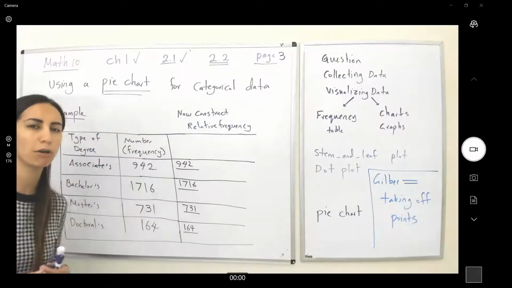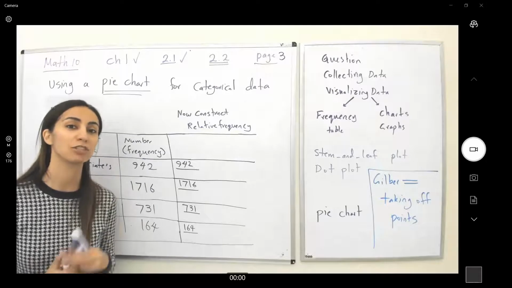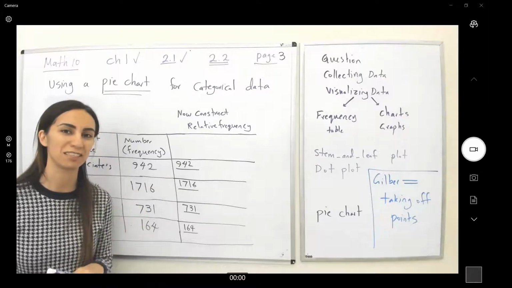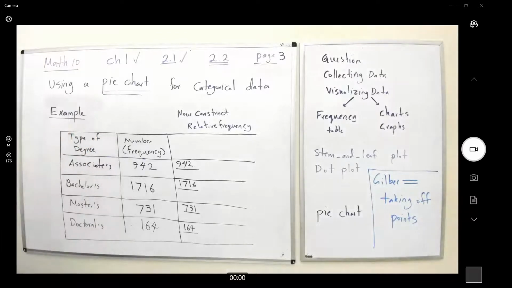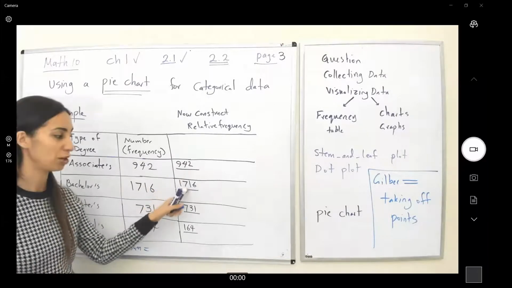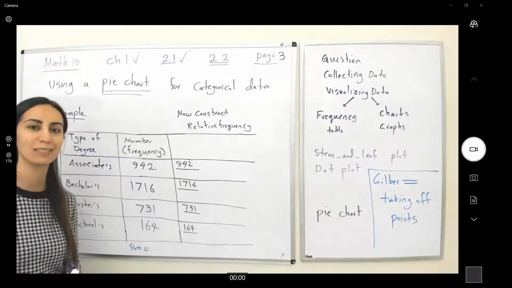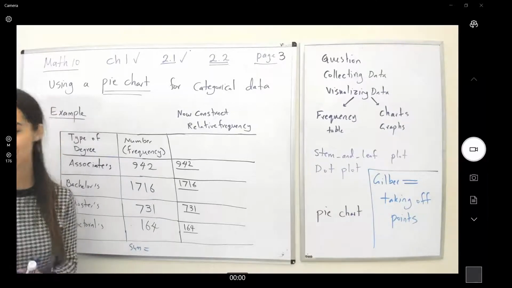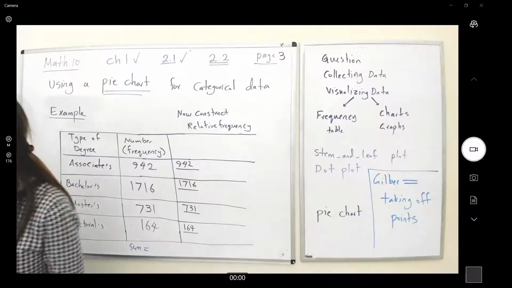So divided by what? What is the number that we are dividing these by? We're looking for our denominator. The denominator is actually the sum of all of these frequencies, which is 3,553.